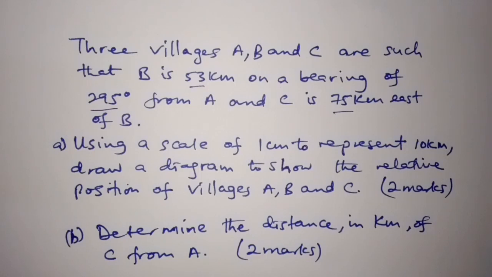Three villages A, B, and C are such that B is 53 km on a bearing of 295 degrees from A, and C is 75 km east of B. Part A: using a scale of 1 cm to represent 10 km, draw a diagram to show the relative position of villages A, B, and C. 2 marks.